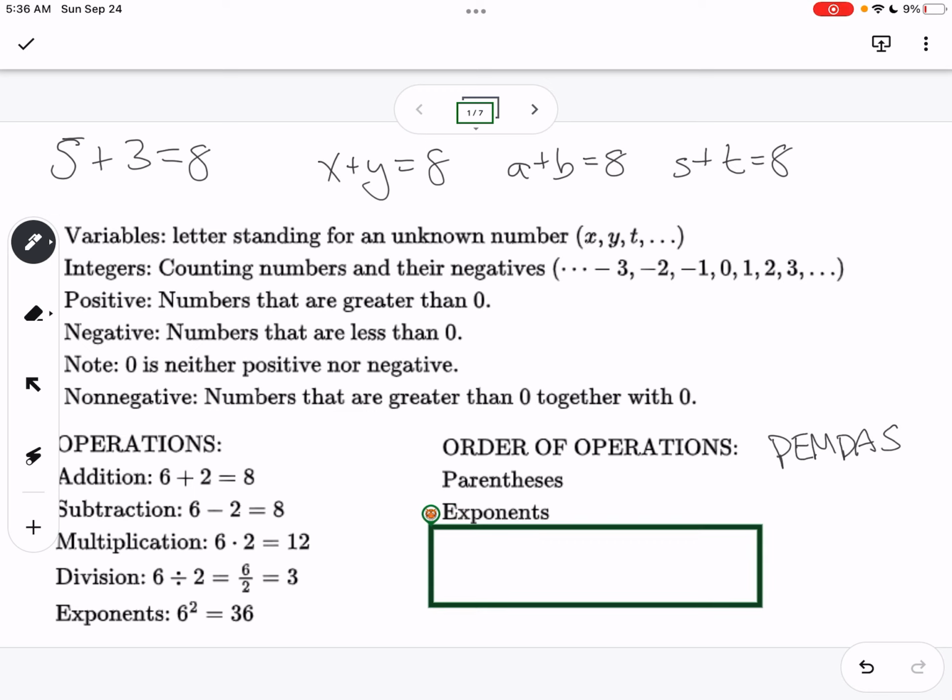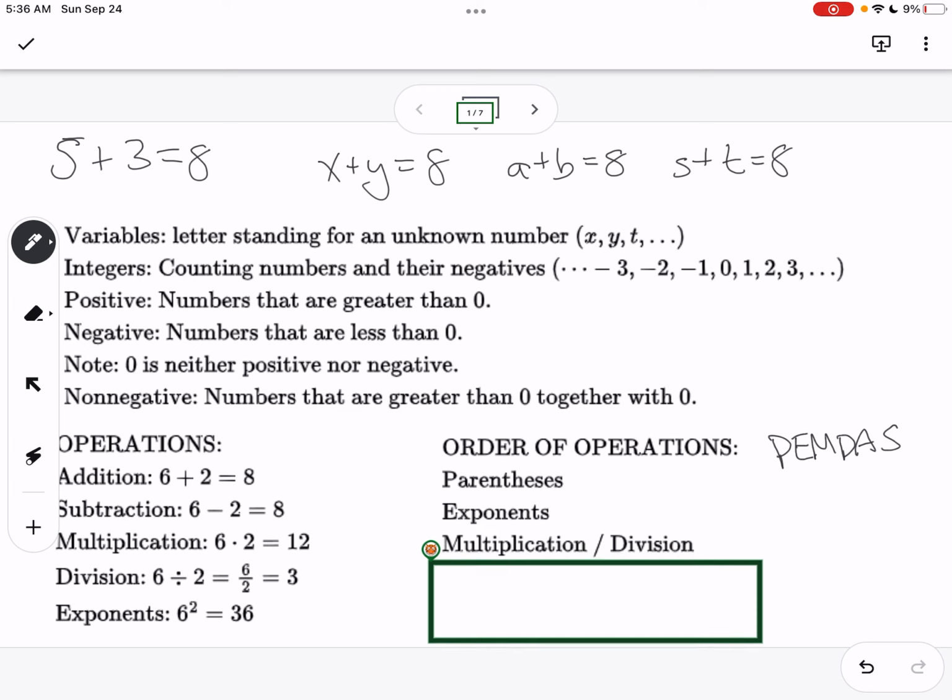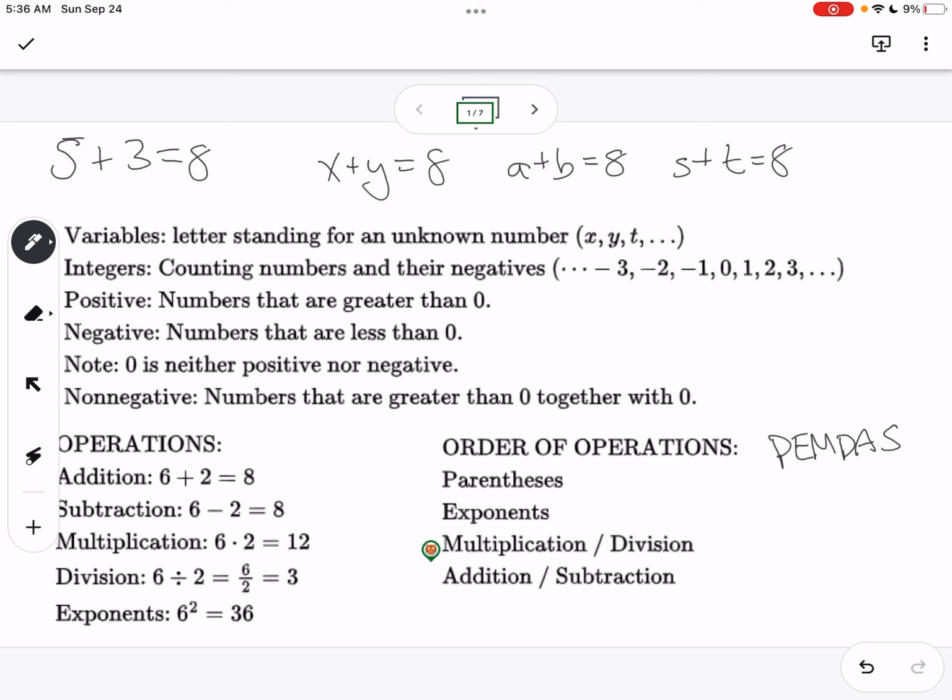So we evaluate all parentheses, then we evaluate all exponents, then we evaluate multiplication and division, just from left to right. We may divide before we multiply, that's fine. And then finally we have addition and subtraction from left to right.